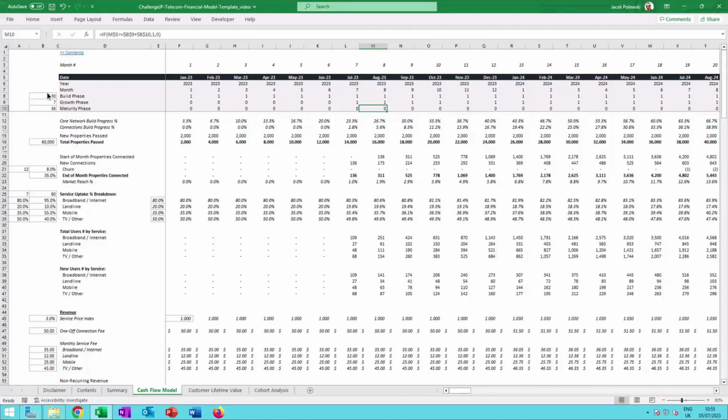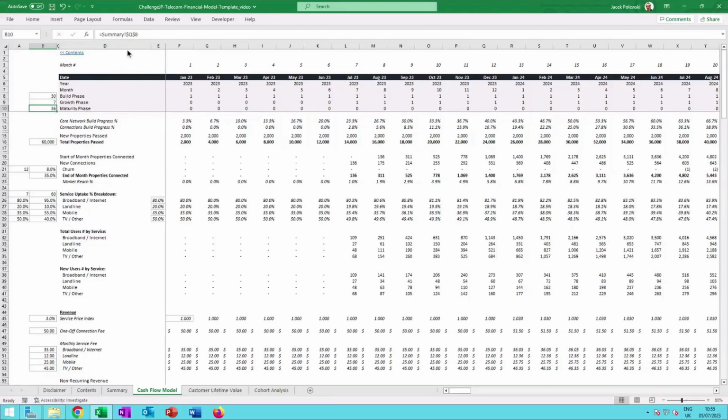You will see that here in columns A and B, I've listed the assumptions that I use for each of the calculations. So what's important to notice here is if you click on any of those cells, you'll see that they're linked to that summary page.